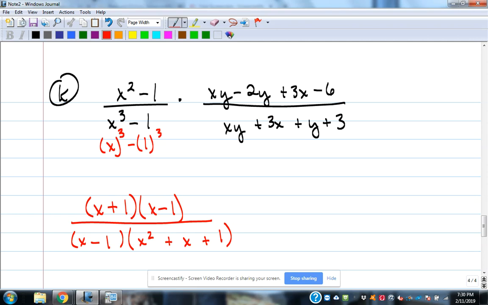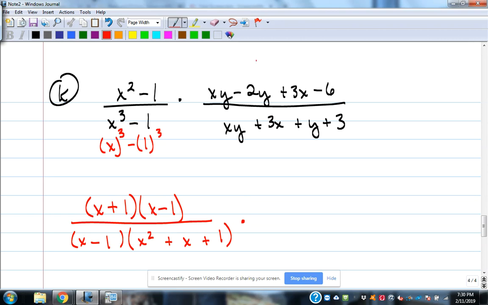Okay, so that's the factoring for the first fraction. Let's factor the second fraction. It's actually a little easier, even though it looks much more complicated because it has two variables in it, but it's much easier because it has how many terms? Four. Let's get the factoring all done before we start canceling. A lot of times if you start canceling before you get all the factoring done, you'll over cancel, which is why I always wait till the end.